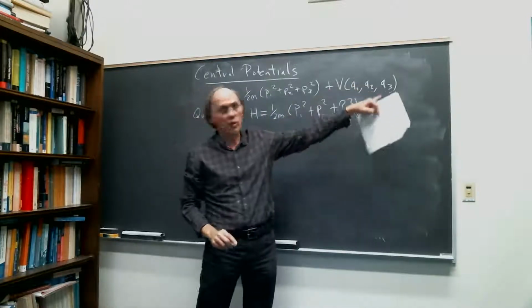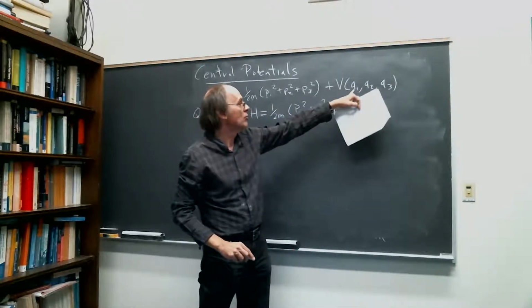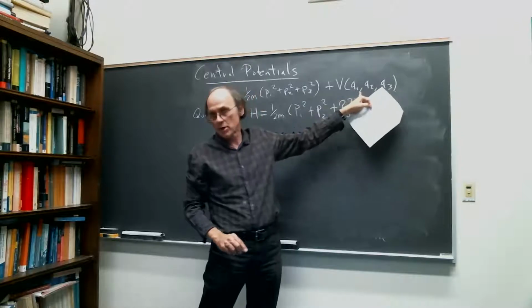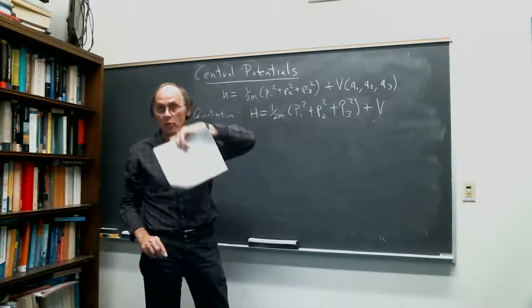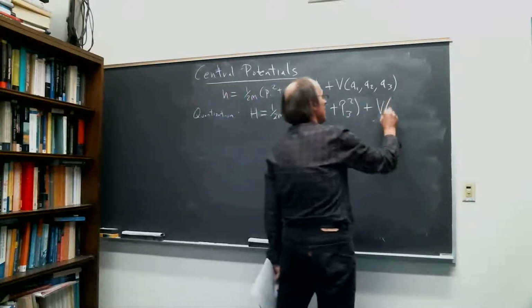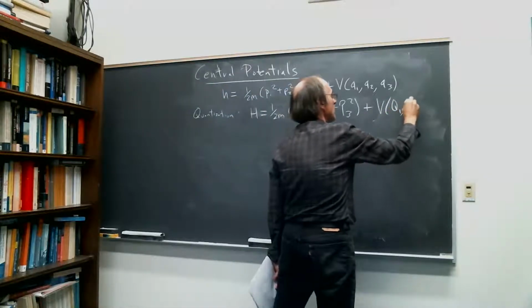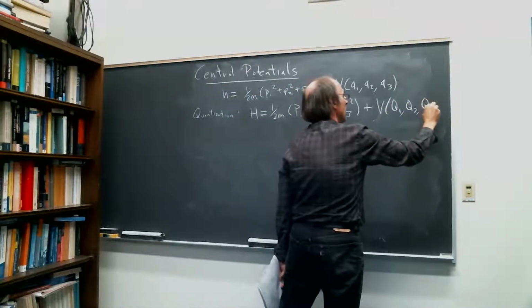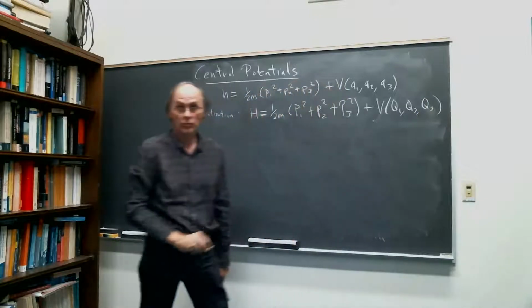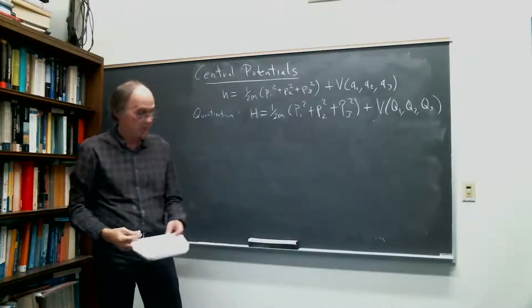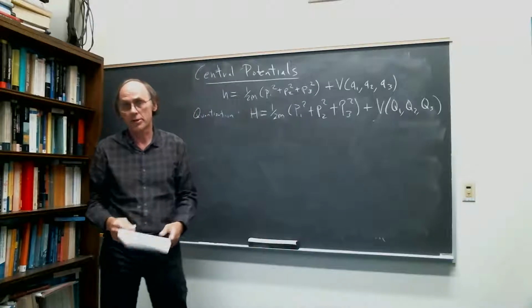At least for polynomial functions, there's really no problem, because these q's all commute, so there's no operator ordering problem. You can just plug in the operators. Okay, so this is your general problem.